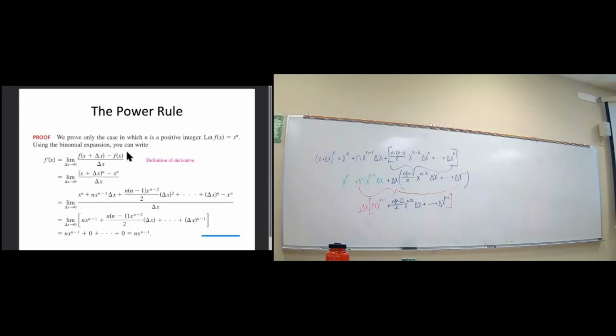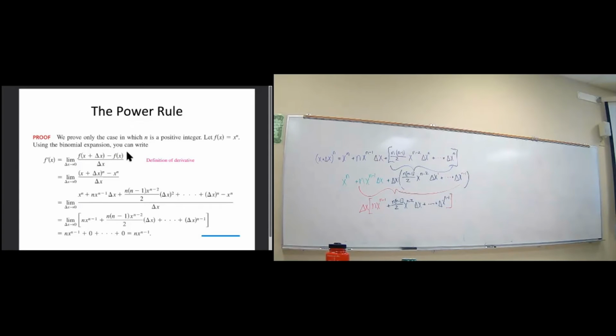So canceling these out, factoring out that delta x and canceling it with this, we get to here. But every term, except for your first term here, has a delta x in it. And we're saying delta x goes to 0. So this term goes to 0, the next term goes to 0, the next term, and so forth, so on, until you get to the end.